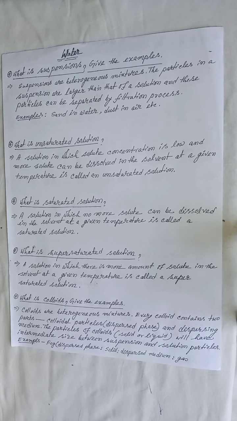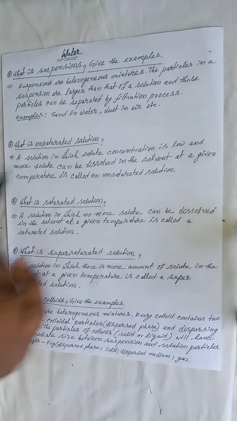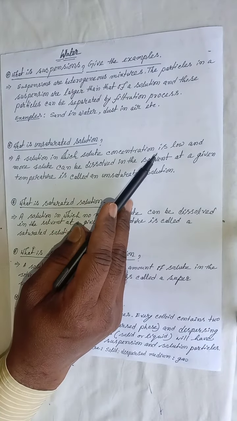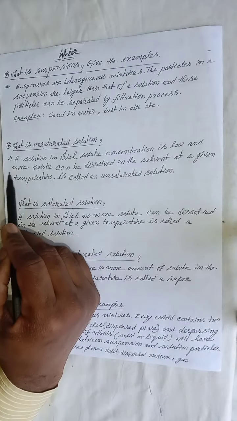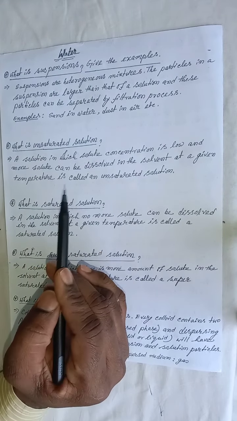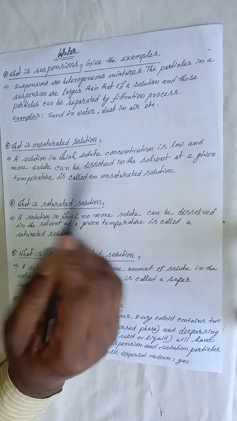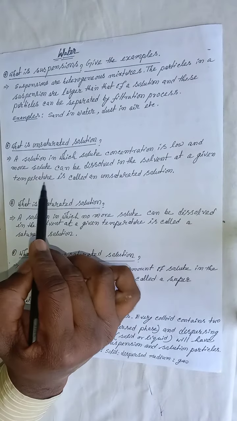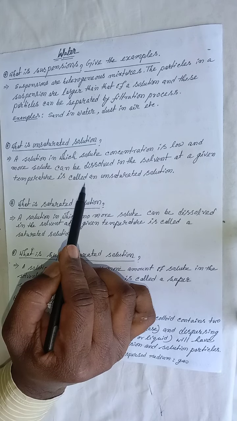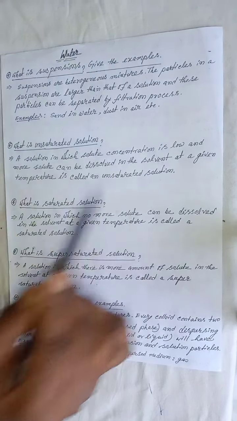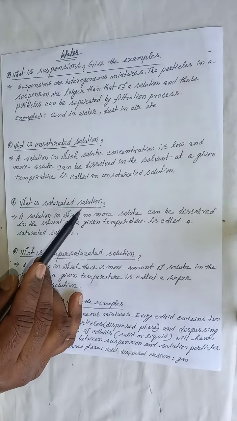What is an unsaturated solution? A solution in which the solute concentration is low and more solute can be dissolved in the solvent at a given temperature is called an unsaturated solution. What is a saturated solution?